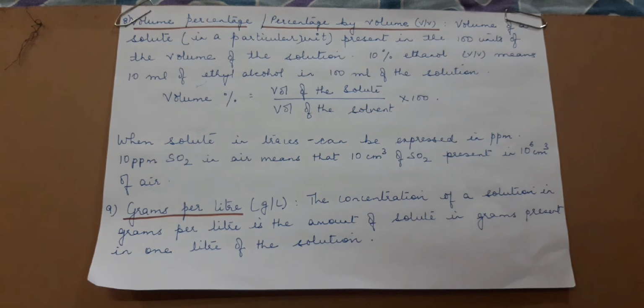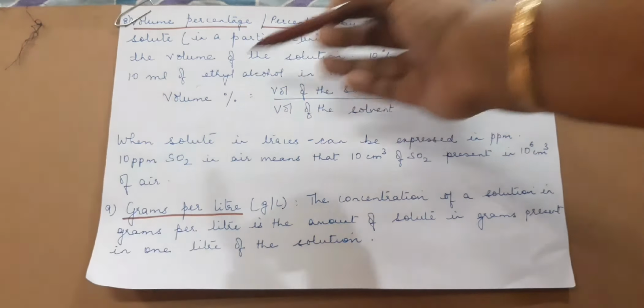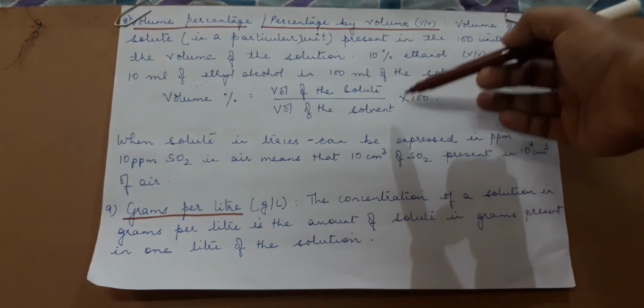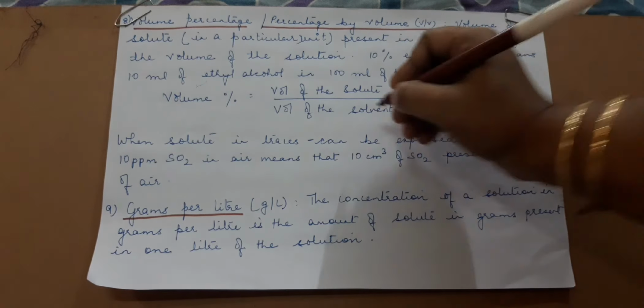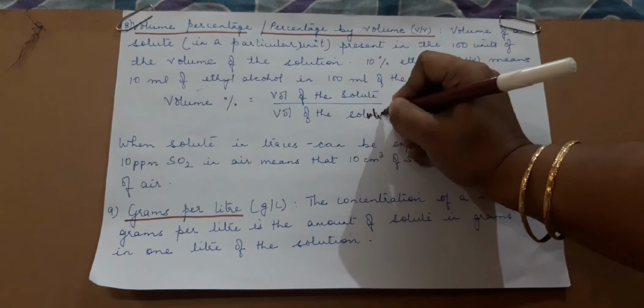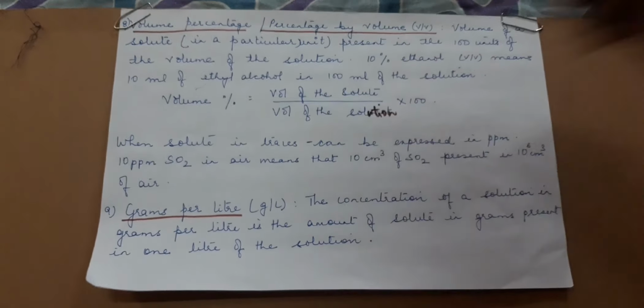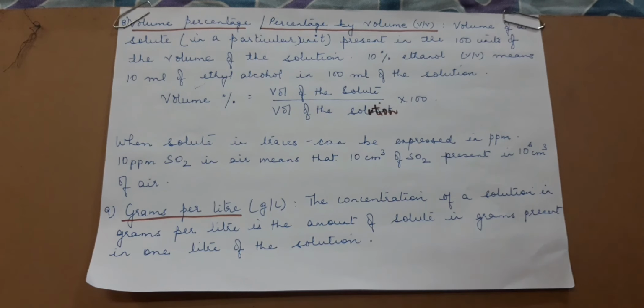So percentage by volume means the volume of the solute present in 100 units of the volume of the solution. So volume percentage is volume of the solute by the volume of the solution into 100.